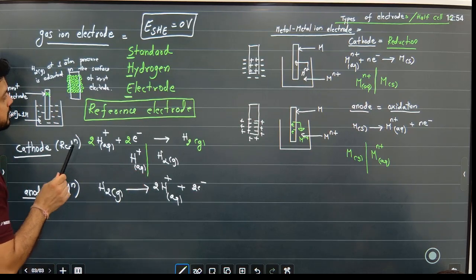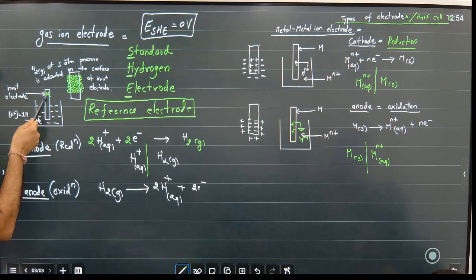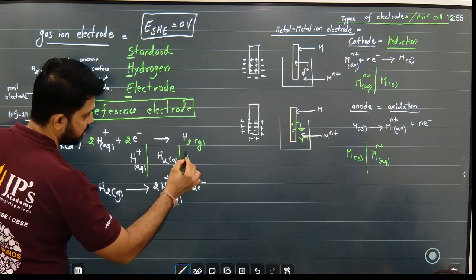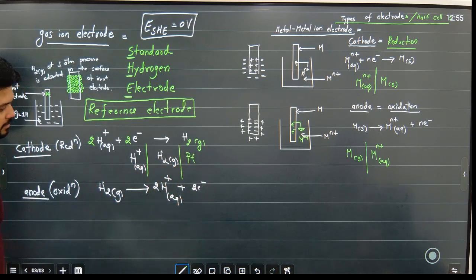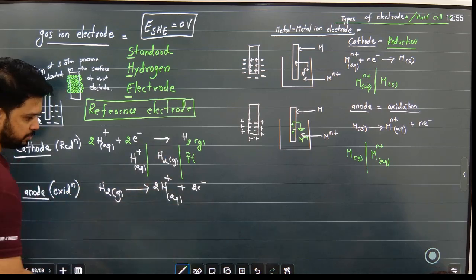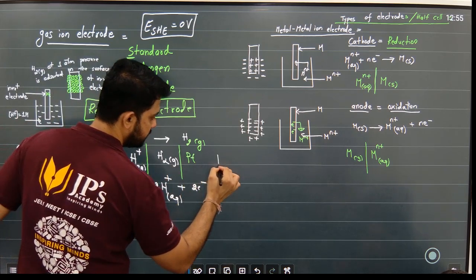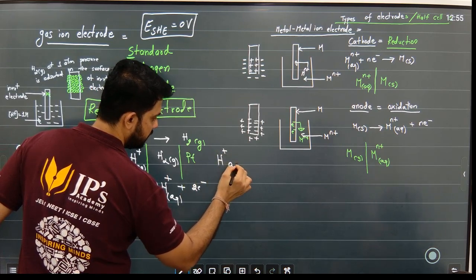But there was also something present, a platinum electrode. Did you get that? Yes or no? Why again? One more. Because of course platinum is in what state? Solid. Again change in phase. Getting that?